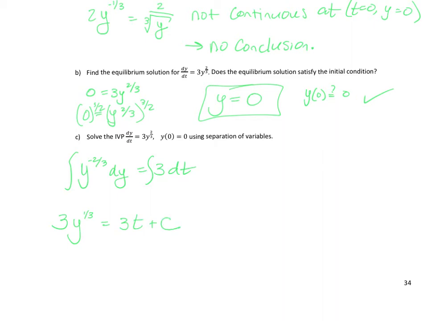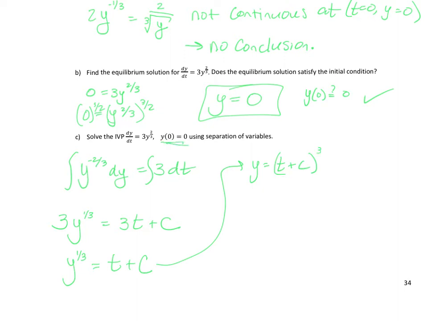I'm going to solve for y, divide both sides by 3, so y^(1/3) equals t plus, technically 1/3 c, but that's just a new arbitrary constant, and then cube both sides. So I get y equals (t + c)^3.